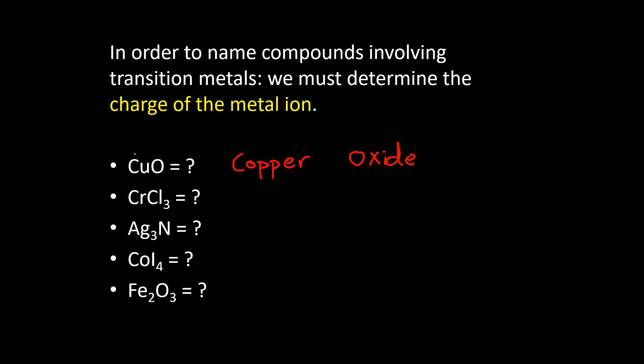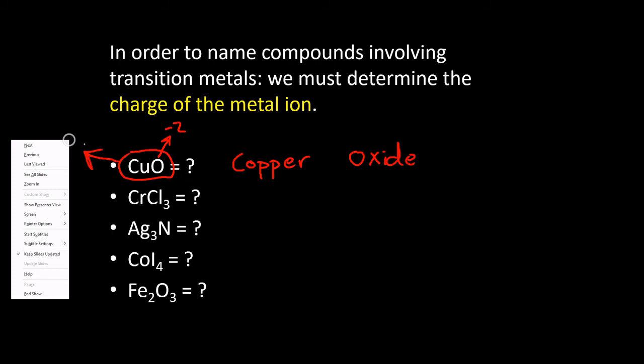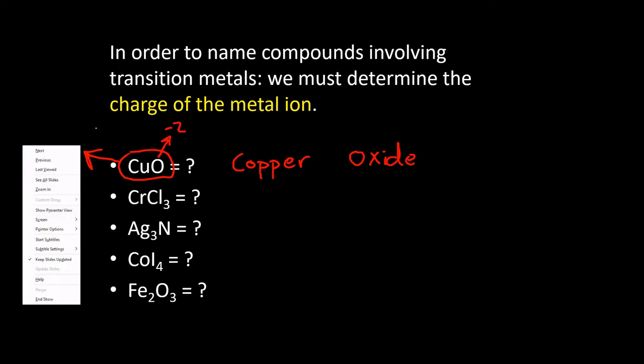So in this molecule, for example, we know we have oxygen, and we know that oxygen wants to be -2. It's in column 16. Everything in that column wants to gain 2 electrons to be like a noble gas. So we know that the oxygen wants to be -2. Not only that, we know that this whole molecule must be net 0.